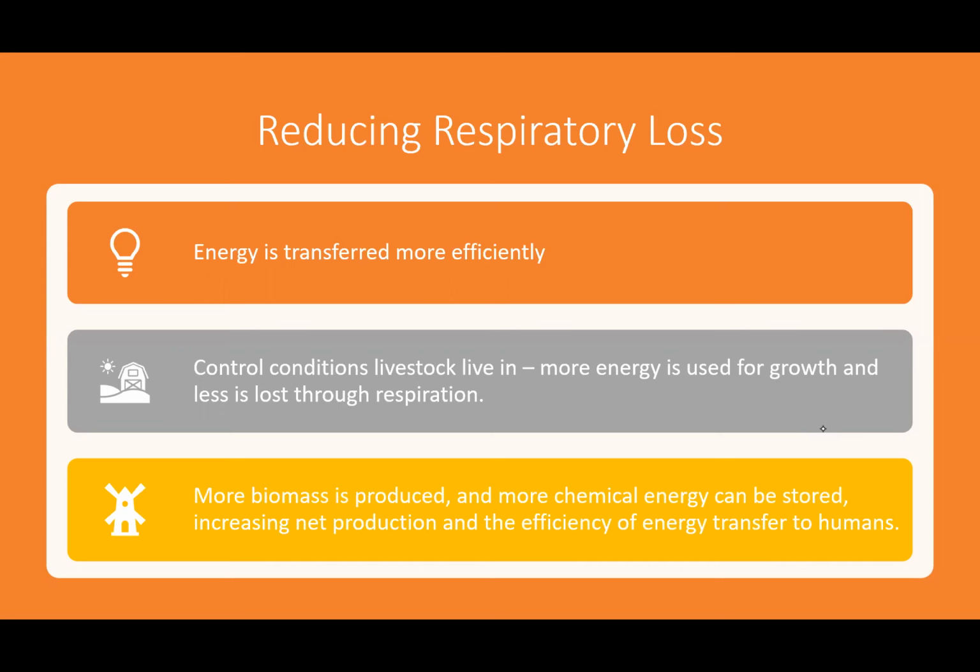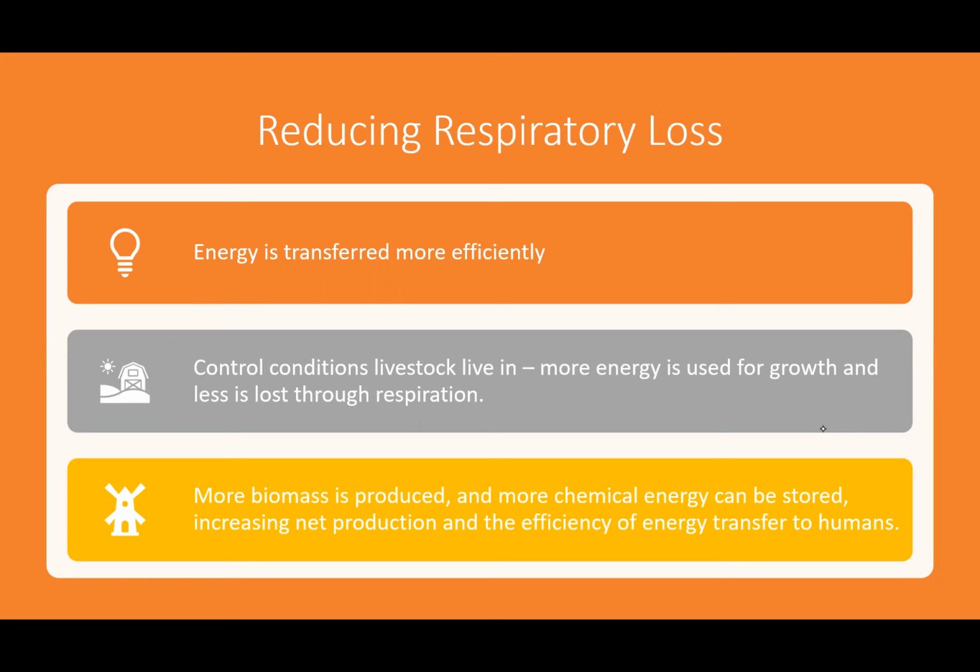One way that farmers increase the net production of their livestock, and it's really important at this point that I'm talking about livestock rather than agricultural crops, is by controlling the conditions they live in, so that more of their energy is used for growth and less is lost through respiration and other activities that increase the rate of respiration. For example, movement increases the rate of respiration.